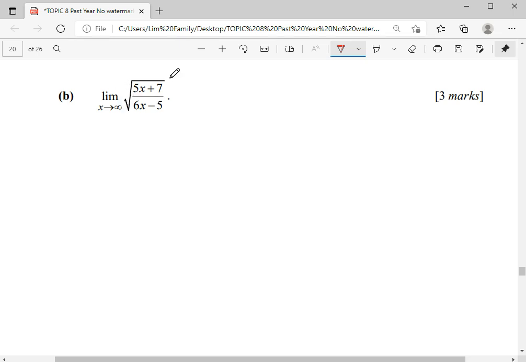We are going to divide by the highest power of the denominator, but this involves our surd. So we are going to look at what is inside our surd. Inside our surd here, the highest power is x. So we are going to divide every term by the highest power, square root of x.